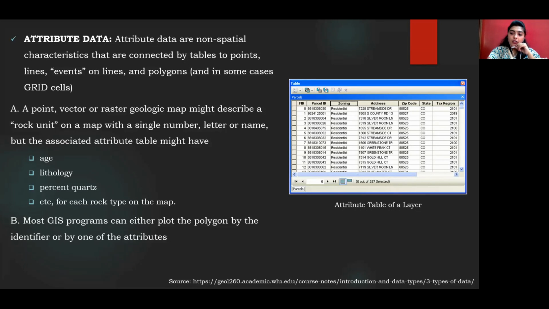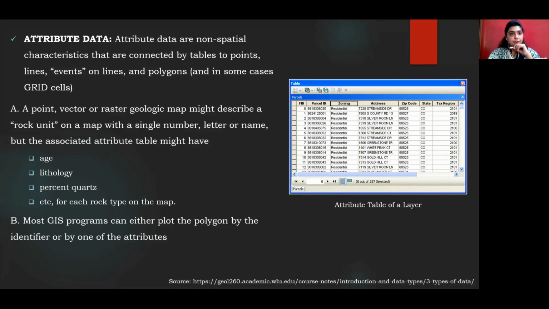Now, say I have depicted a road. That road I have digitized on a software, and I have given it the name GT Road. So that name becomes the attribute data.